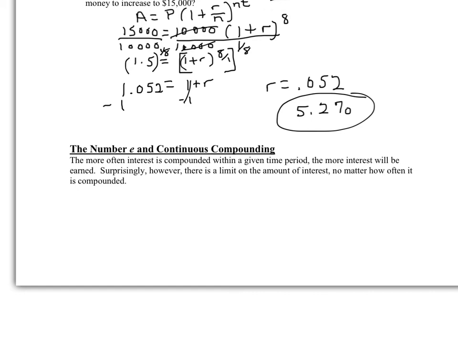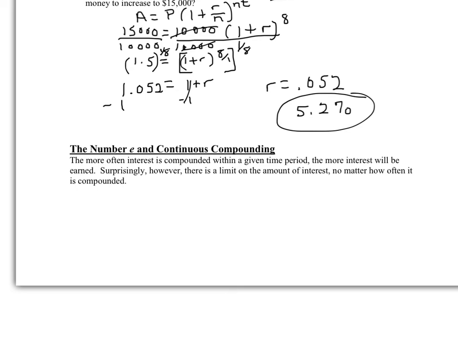If you haven't figured this out yet, the more often you're compounding interest, the more money the lender will make. So often you're going to find that interest is compounded continuously, which means there's not a particular number of times. We can't count it if it's continuous.